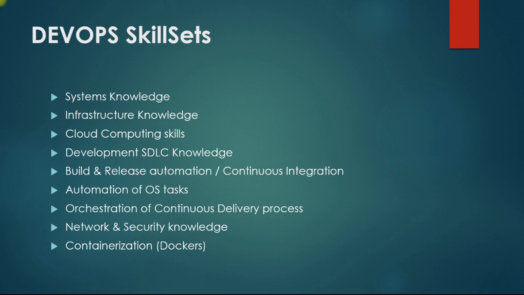You should have infrastructure knowledge, how networks work, how storage works, operating systems, all this broad infrastructure knowledge should be there. Now it's the cloud computing era. Everything is moving toward the cloud, and it's very good for us because if it's on the cloud, we can automate the infrastructure part also. So you should have very good cloud computing skills.